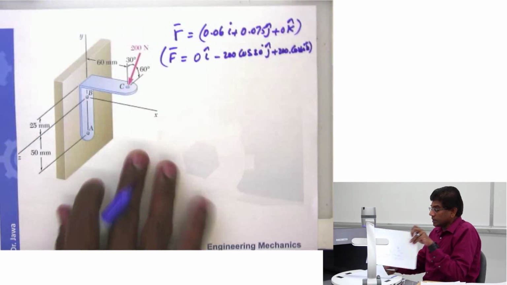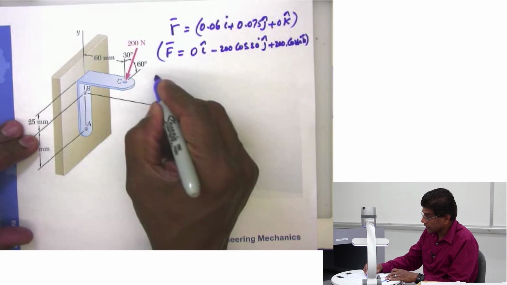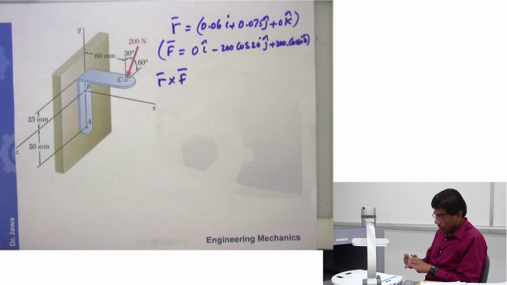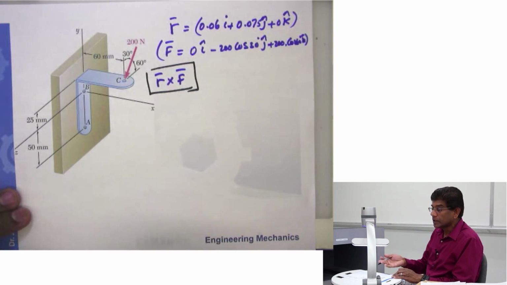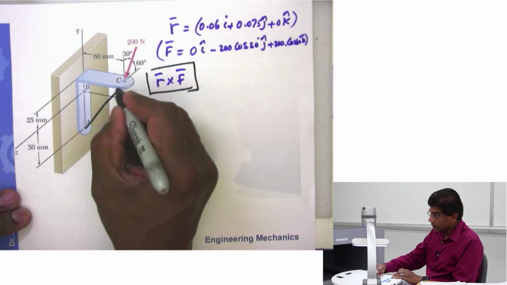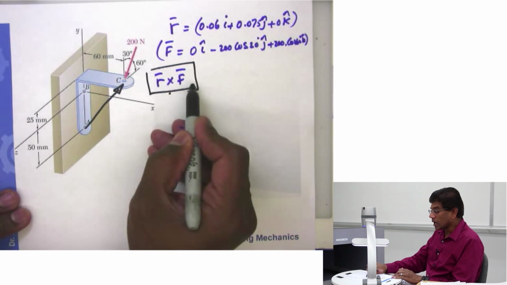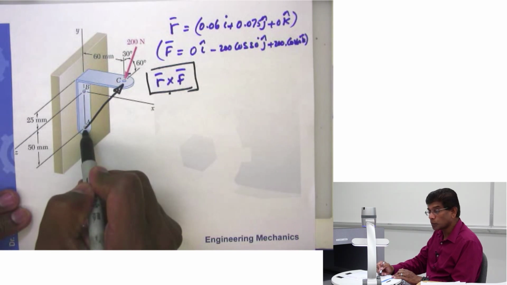So I got all this stuff, and all that is left for me to do is to find R cross F. I want to make sure you understand it has to be R cross F, not F cross R. So we have our force vector, we have our position vector, and we are crossing them, and R cross F should give a moment vector, which is the moment of this force about point A.